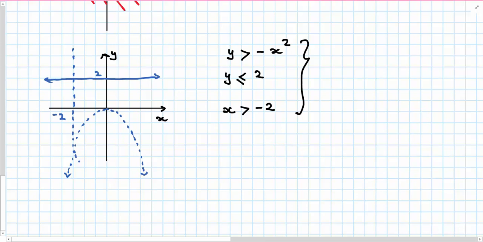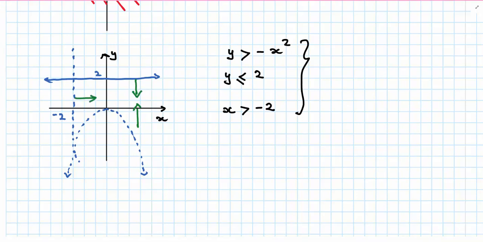Y greater than negative x squared would be moving up. Less than or equal to 2 would be down, and x greater than negative 2 would be to the right.